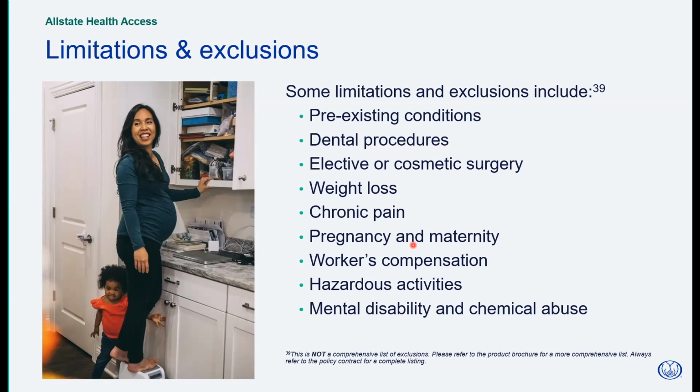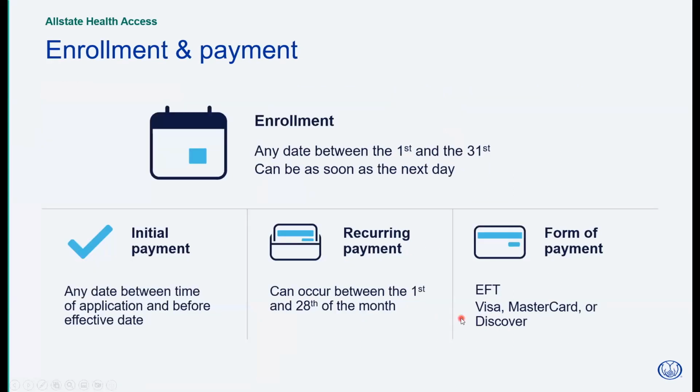But that is because it's an emergency. Workers' comp is a limitation. Dangerous activities: bungee jumping, flying, jumping off of a mountain, things like that. Those are pretty dangerous to do, even if you have a parachute. Those are not covered. Mental disability and chemical abuse are also part of the limitations and exclusions.